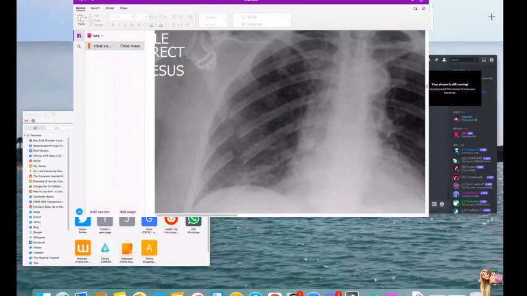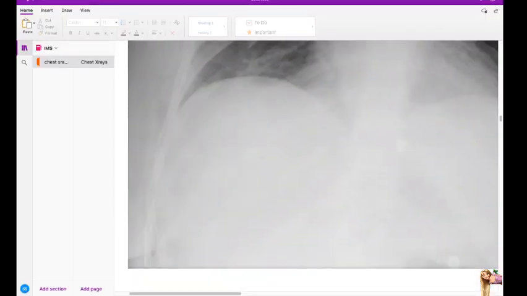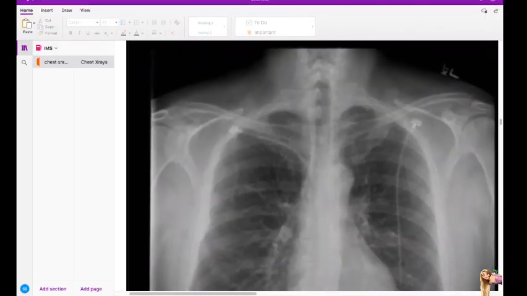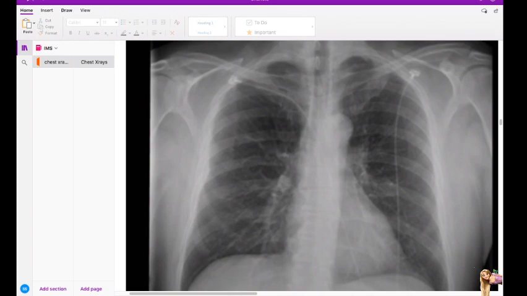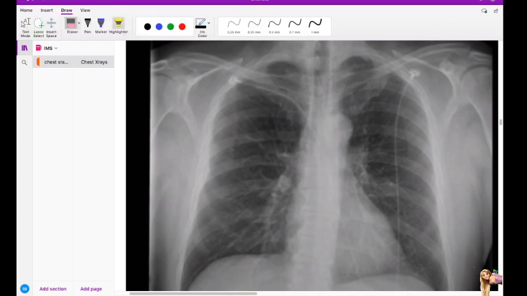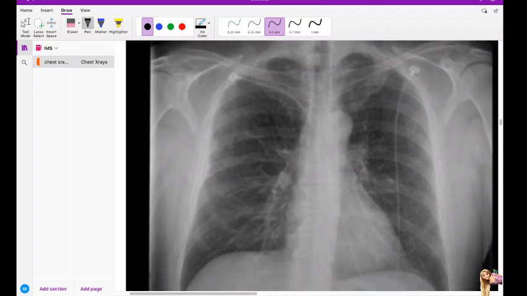Okay. Now going to the next one. So now we come to cardiac. In cardiac we basically see the cardiac silhouette and all the parts of the heart that they represent, and the mediastinum. Okay, so this is the aortic arch. This is the left pulmonary artery.